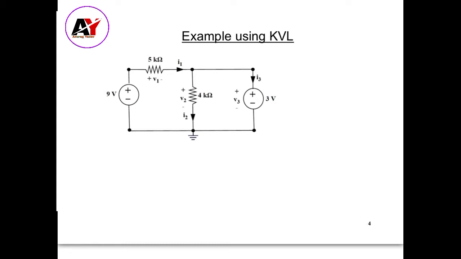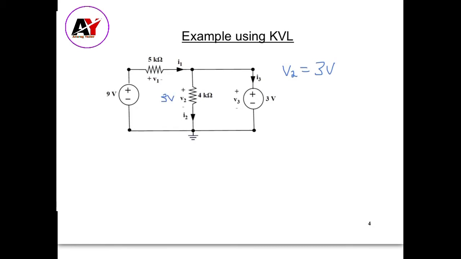So because the 3-volt source and the 4 kilo ohm resistor are in parallel, we know that V2 is equal to 3 volts.